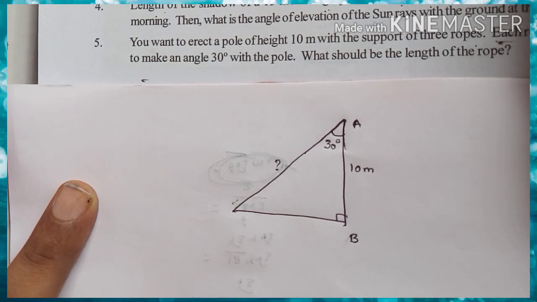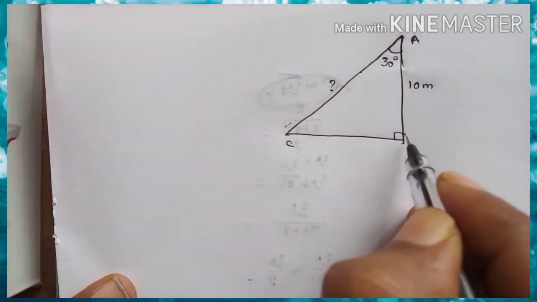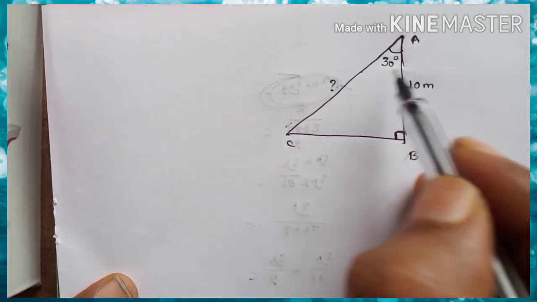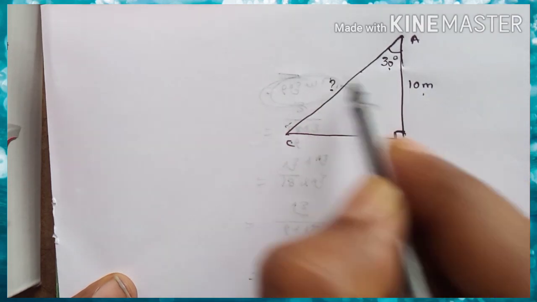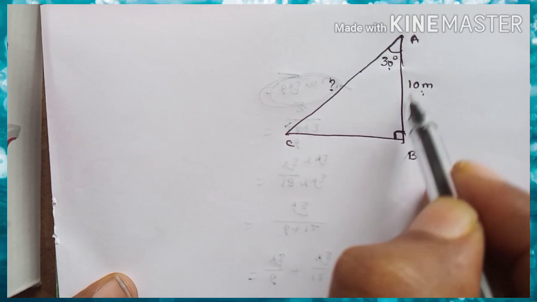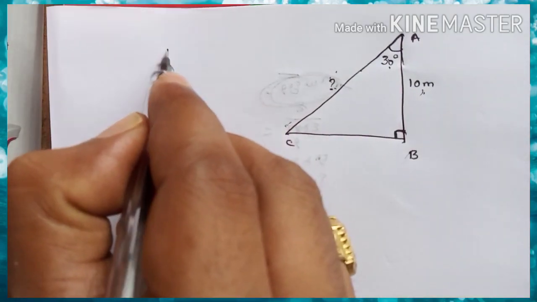Okay, let's solve it. Now in this right angle triangle, for this angle, this is called the adjacent side and this is the hypotenuse. Adjacent, hypotenuse: the relation is cos theta.